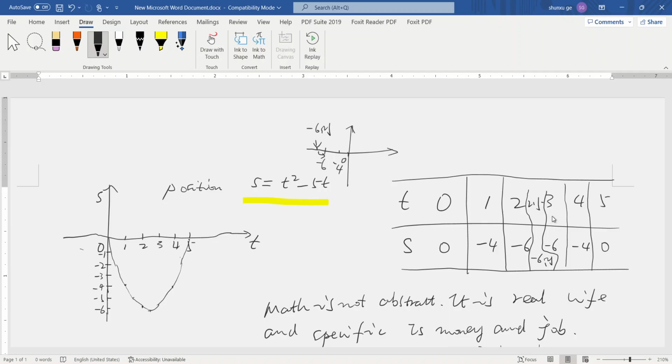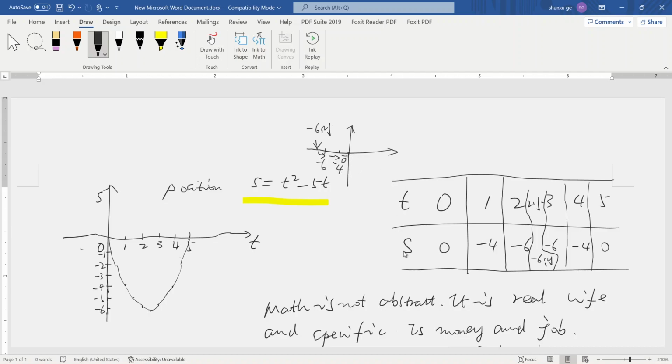At t equals 3 seconds, the position is negative 6 here. Then at time 4, his position is negative 2. Go back. Then at 5, the position is 0. So that means he takes a round, starts from 0, then goes back to 0.